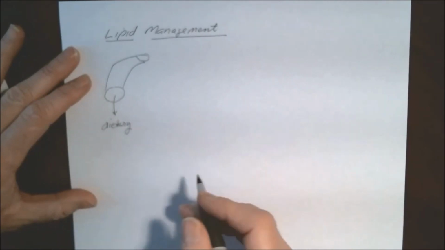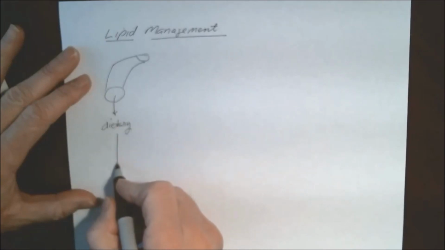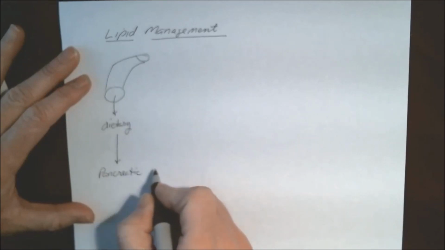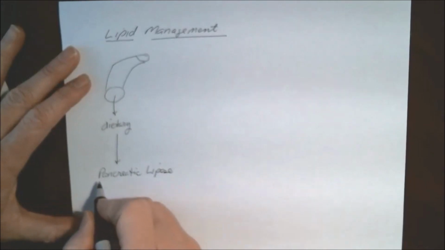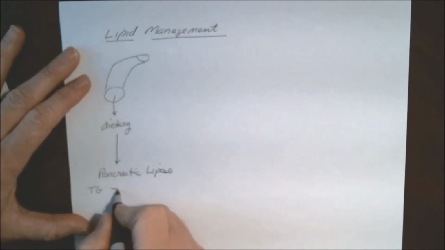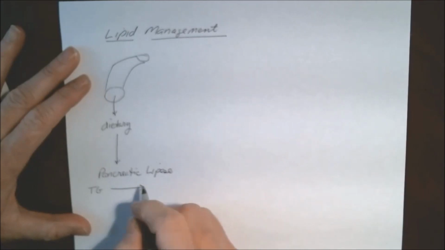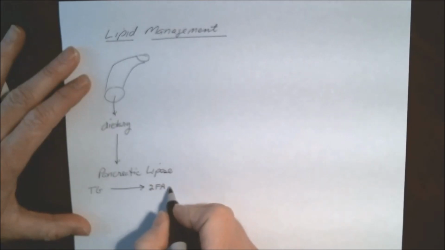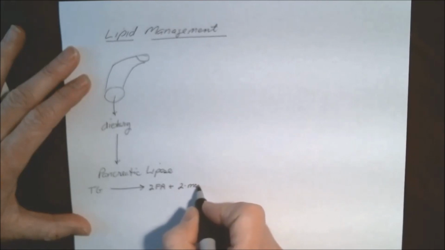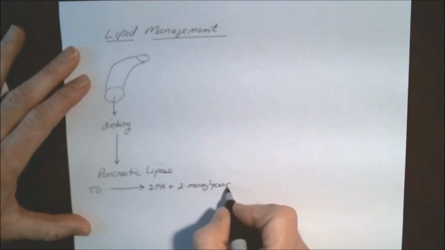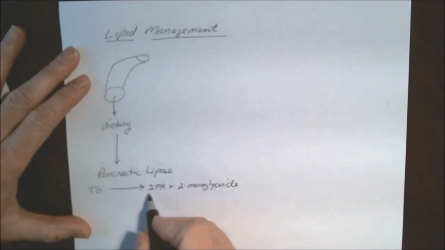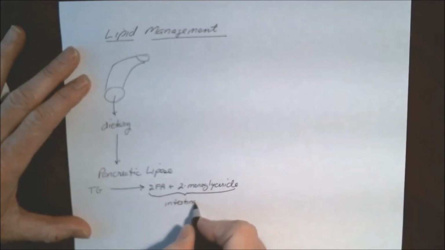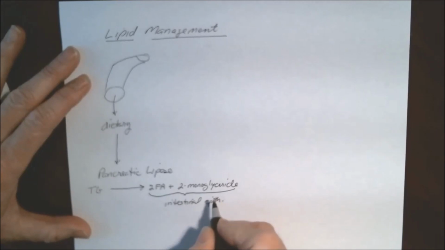These dietary fats are digested, as we have seen, by our pancreatic lipase, which is going to take our dietary triglycerides and convert these into two fatty acids plus our 2-monoglyceride structure, and then these can be taken up by our intestinal epithelial cells.